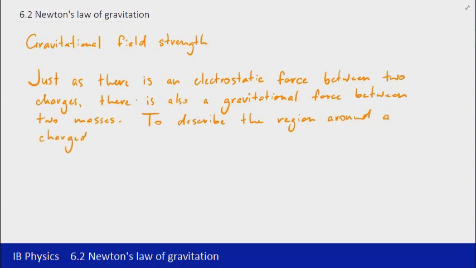You'll recall there that with an electric field we had field lines that represented the direction of force, and the spacing of the field lines represented the strength of that force. We have a similar idea.